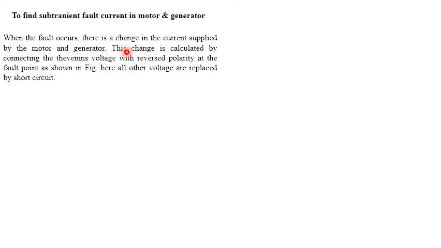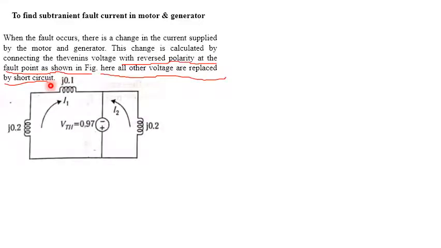This change is calculated by connecting Thevenin's voltage with reversed polarity at the fault point, as shown in the figure, and all the voltage sources are replaced by short circuits. This sentence makes a lot of sense. This is where the fault takes place.